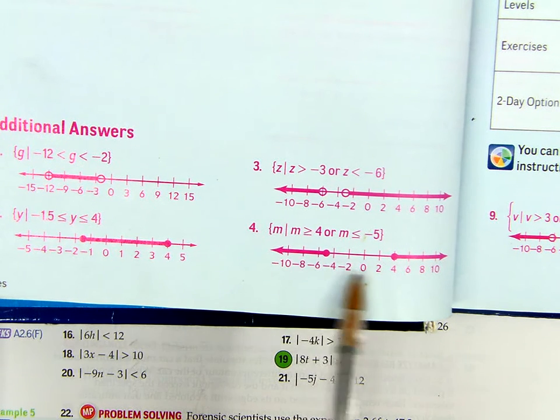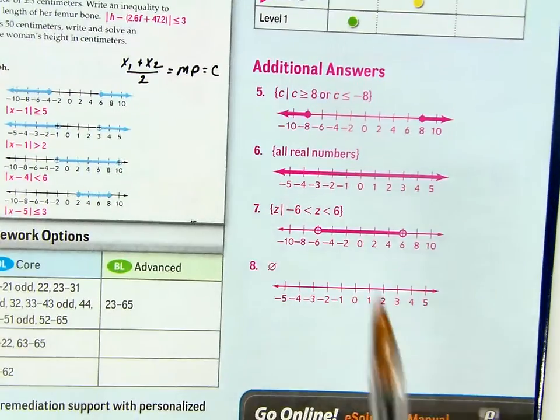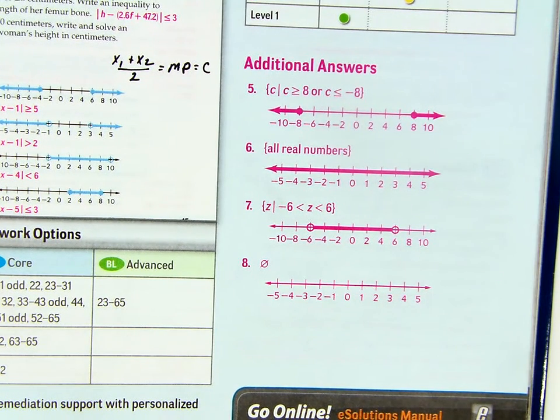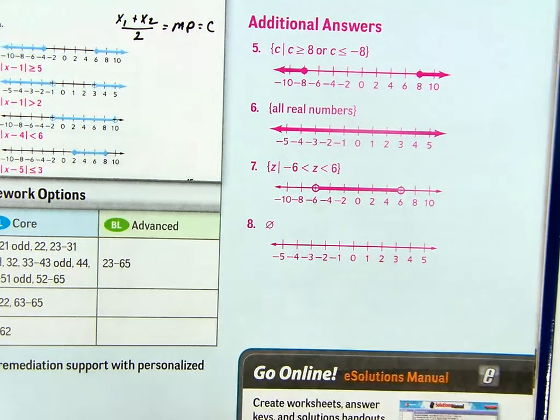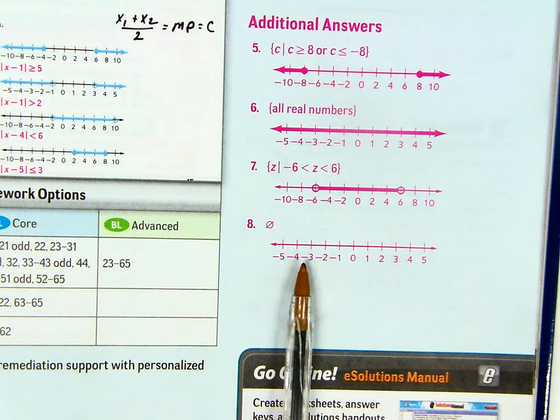This is an or. Number 6, all real numbers. Number 8, the empty set.